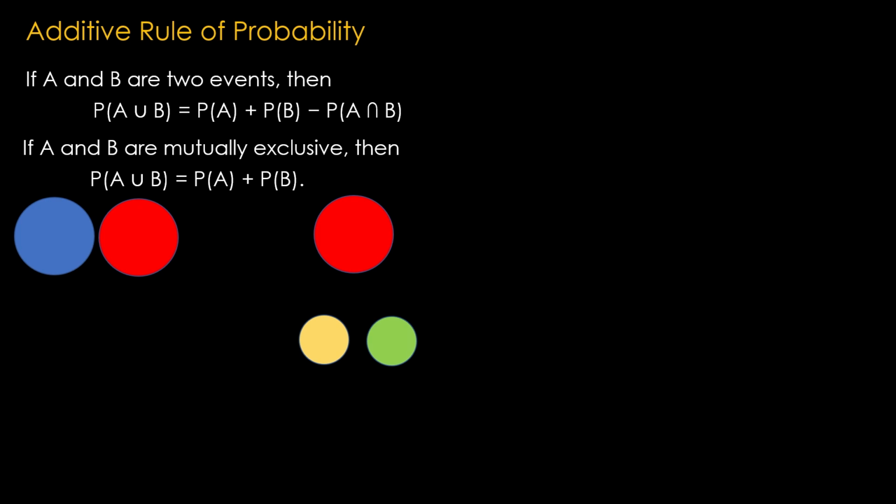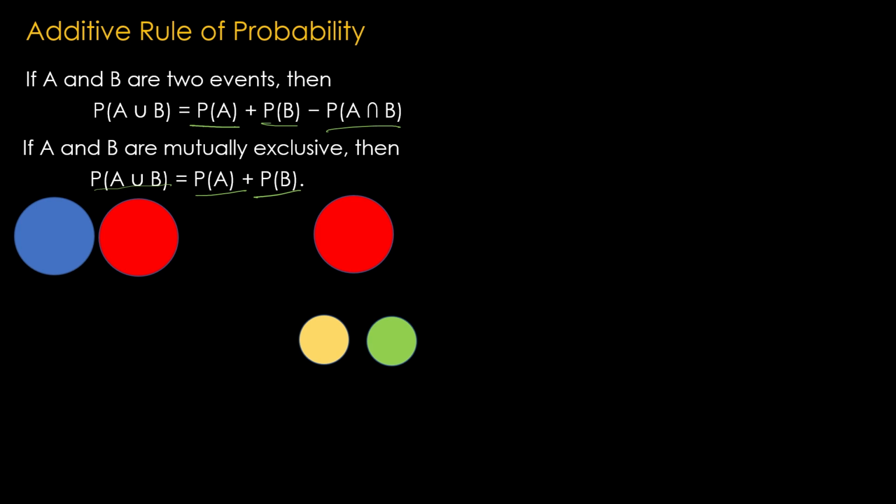Okay, so the additive rule of probability states that the probability of the union of events A and B is equal to the probability of A plus the probability of B minus the probability of the intersection of A and B. Okay? And the next one is if A and B are mutually exclusive, meaning they don't have an intersection. The probability of the union of A and B should be equal to the probability of A plus the probability of B.